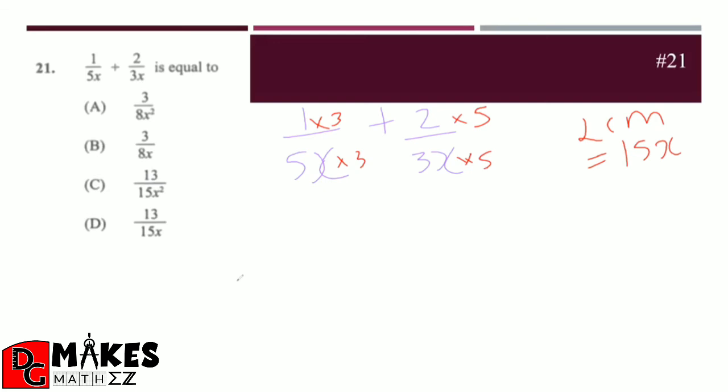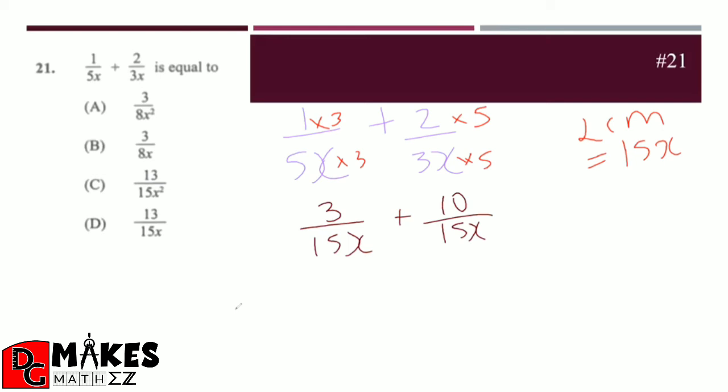Once you change the value of your denominator, it has changed the value of your fraction overall. So you must do the same thing to the numerator. So our new fractions now are 3 over 15x and 10 over 15x.